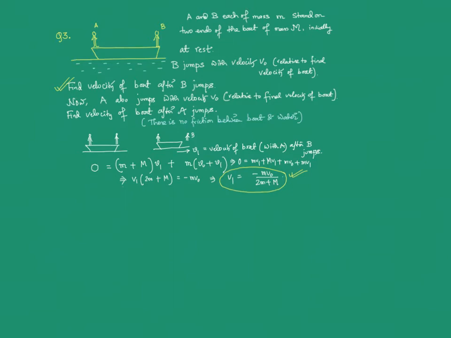Now here, let v2 be the final velocity of the boat after A jumps off. So A has to jump off, so he's clever, so he'll jump towards the left.